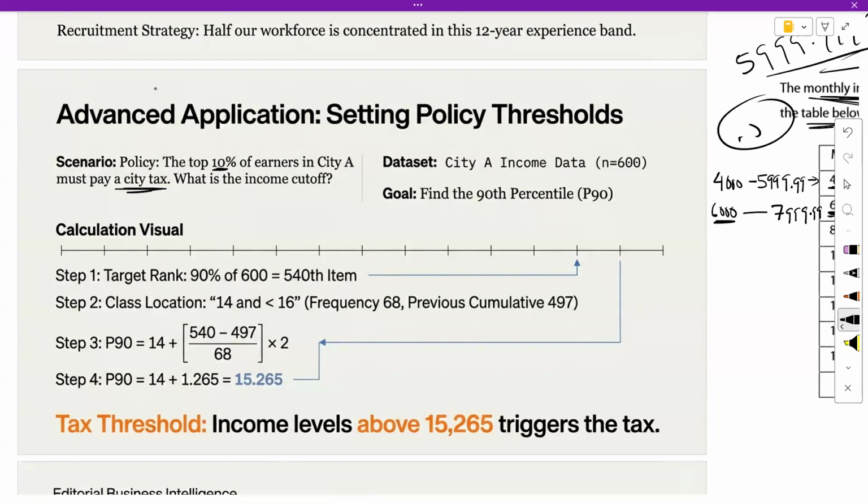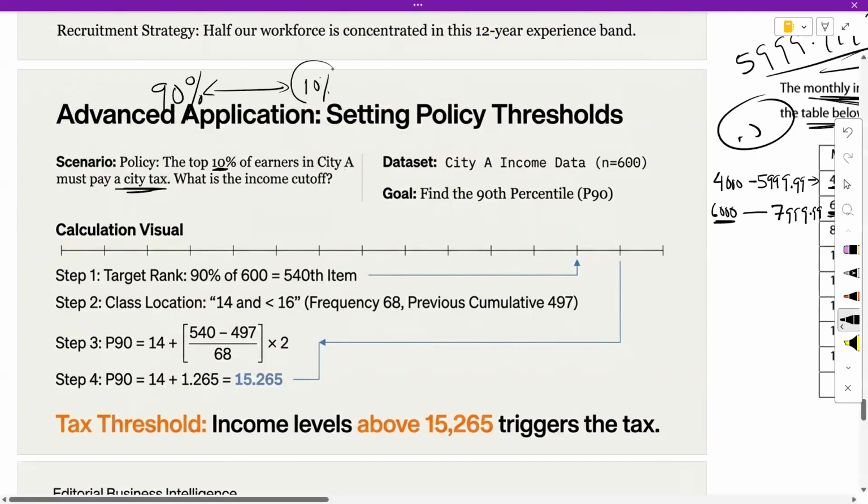Top 10% means 90%, right? 90th percentile. Any citizen whose income is above 90% of the city's population has to pay tax.